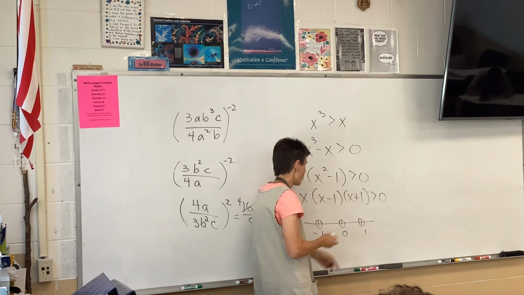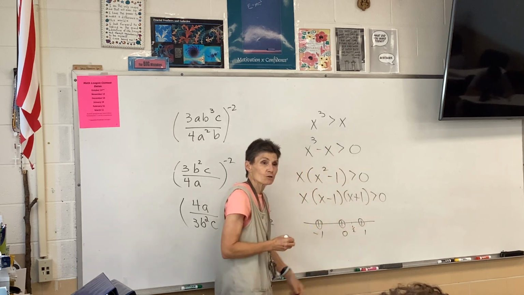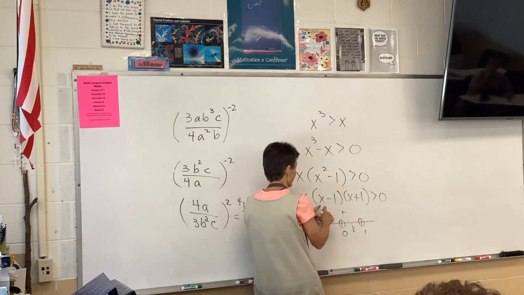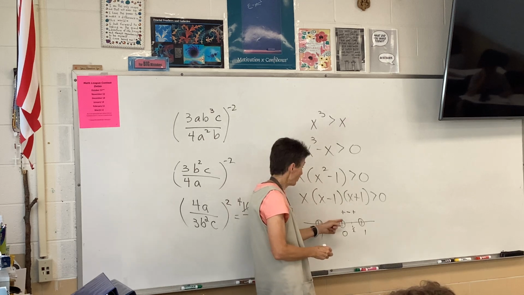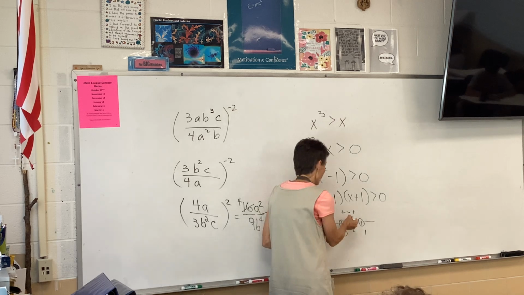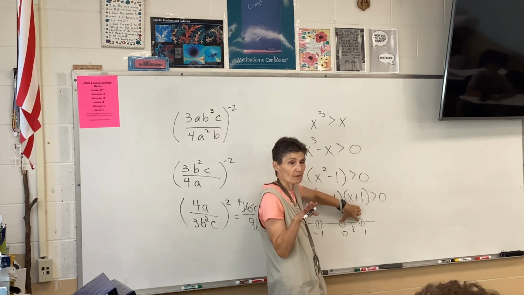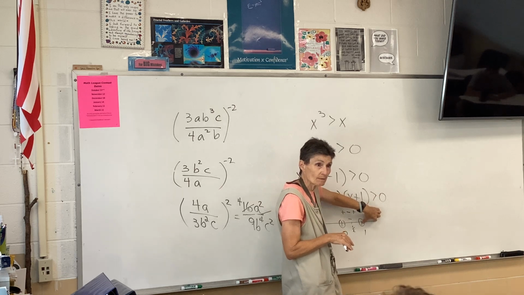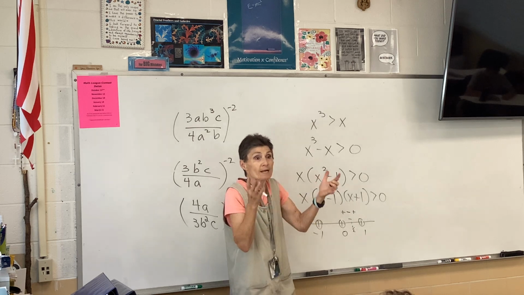So I'll just try 1/2. 1/2 would give me a positive 1/2, a negative, and a positive. When I multiply those, I get negative, which is not what I want. So this section will not be part of the answer. It will not get shaded in. Then you'll do the same thing over here, and here, and here. Whatever is shaded will be your answer.